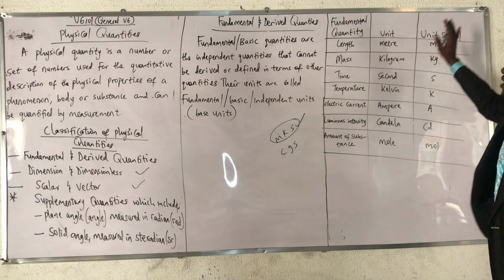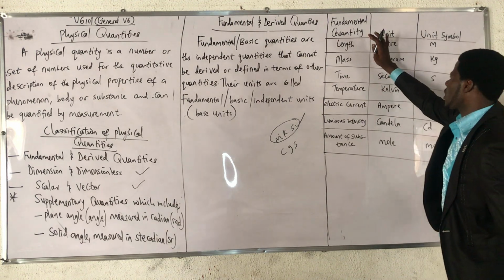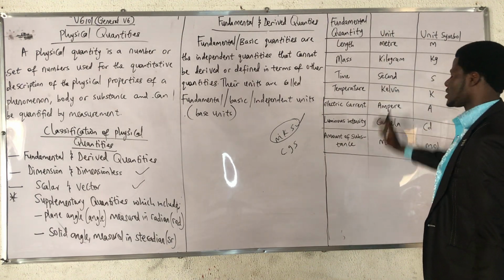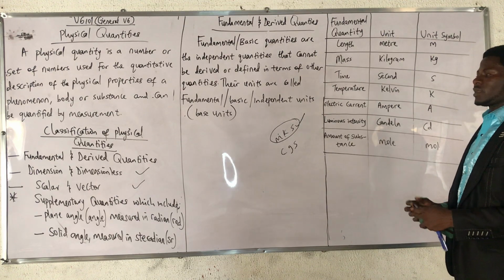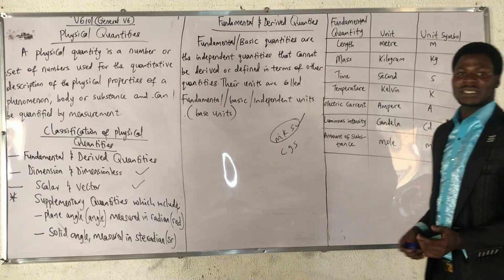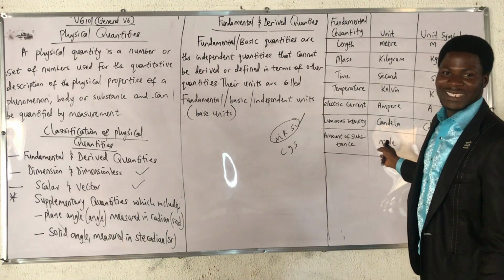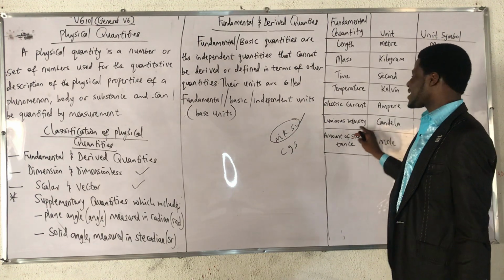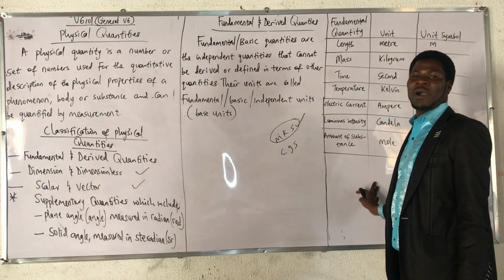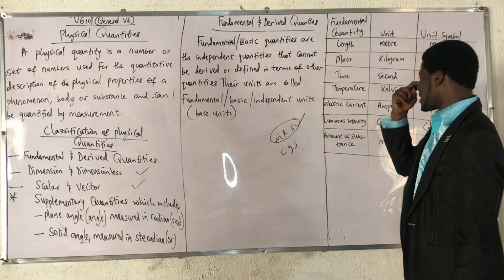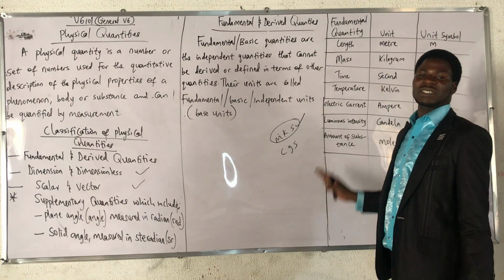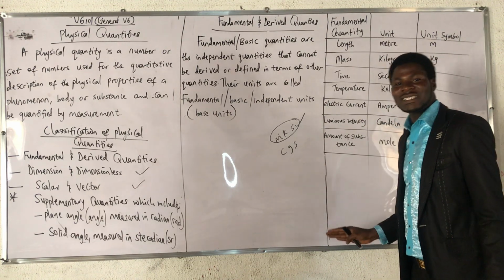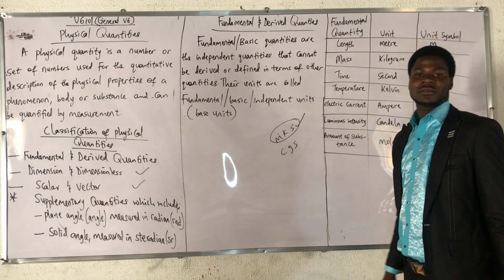These are all the fundamental quantities, 7 in number: 1, 2, 3, 4, 5, 6, 7. In fact, could you believe that we just answered a JAMB question? 2015 question number 1. They said, state all the fundamental quantities, their units and unit symbol.